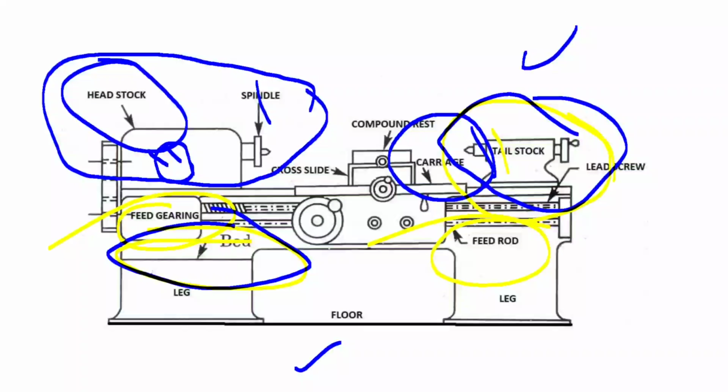This is the easiest diagram of the lathe machine which you can draw and explain to your examiner. Remember the components I have marked in yellow and blue are the most important, and you have to draw and name them. So this was all the topic for today.